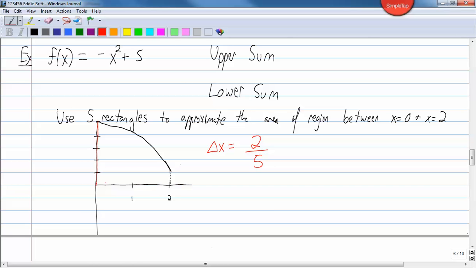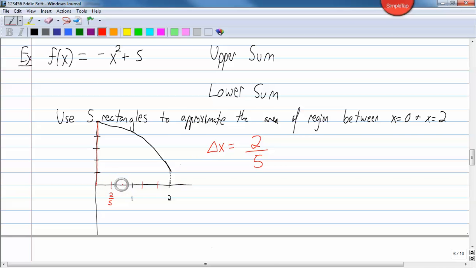So I'm going to attempt to divvy these up. 1, let's see, there, there, and there. So what is this first one here? X equals 2/5. So if the width here is 2/5, that's going to be for my first rectangle.